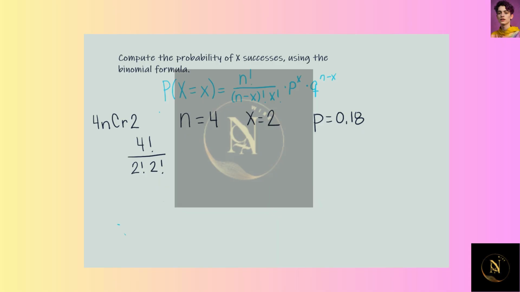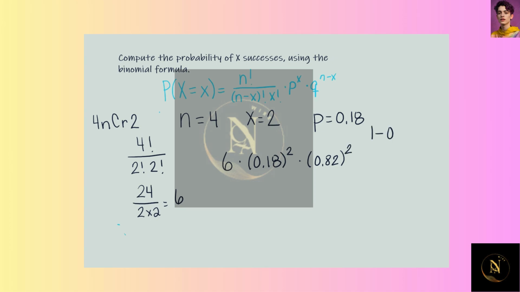You will also find the factorial button there in that same spot. So 4 factorial is 24, 2 factorial is 2, and 2 times 2 is 4, so that means that value is 6. So I do 6 times the probability of success, which is 0.18, to the x, which is 2, and the value of q would be 0.82 to the second power.